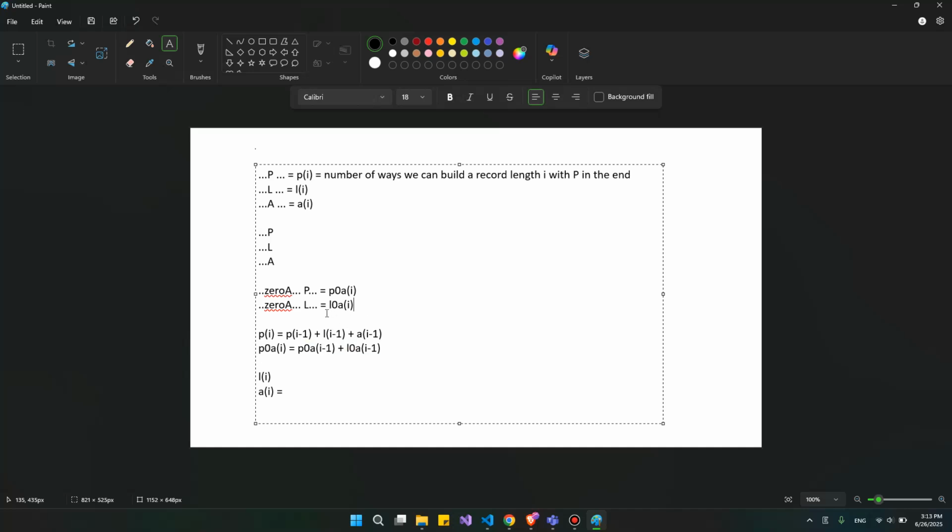Because it is reasonable, and it is the tricky part from L zero A I, because we can only have two L in a row.